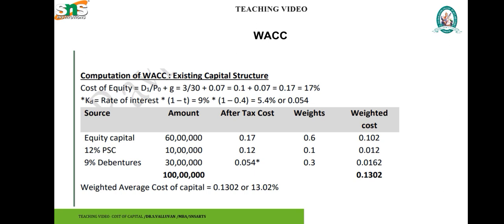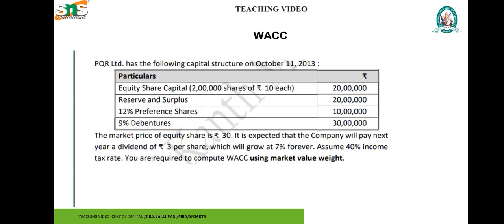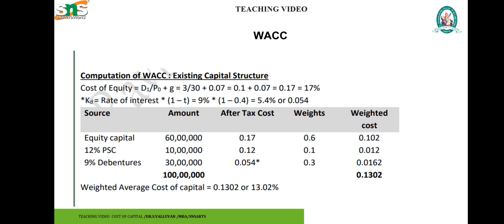Formula is interest expense, that is rate of interest into 1 minus T, where T represents tax rate. So cost of debt is equal to rate of interest into 1 minus T. What is the rate of interest? In the table, the company issued 9% debentures worth rupees 30 lakhs. So the interest rate is 9% into 1 minus T, tax rate.